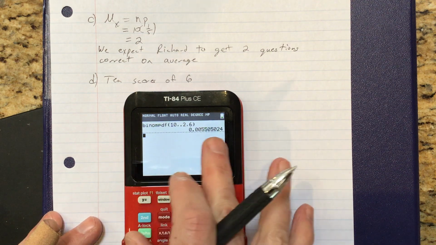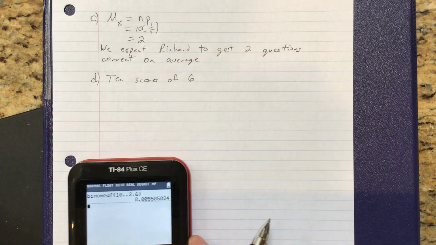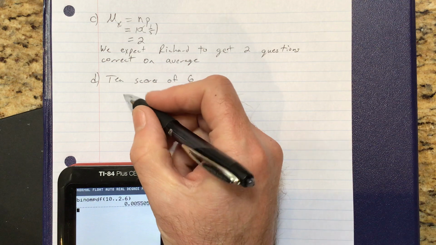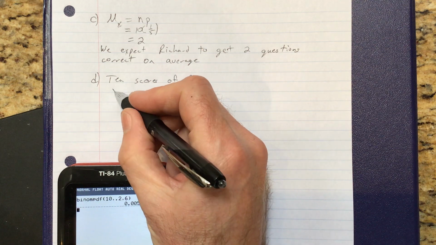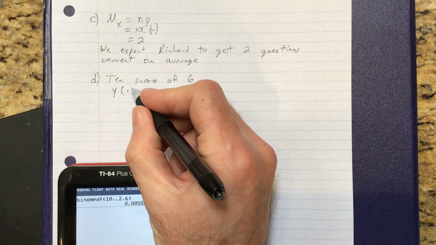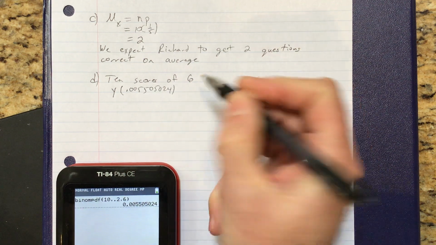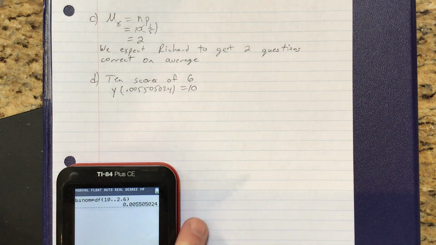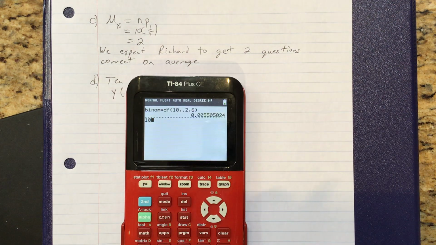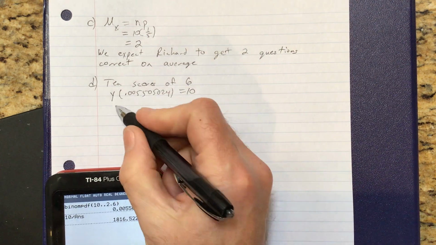Okay, so there it is with more decimal places. So let's call that Y. Y times 0.005505024 equals 10. Okay, so 10 divided by that. There we go. We need that many students.